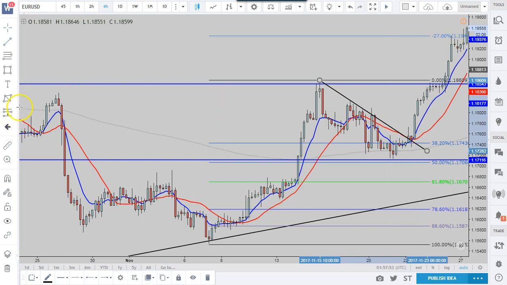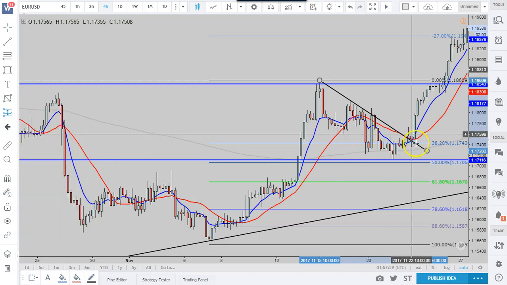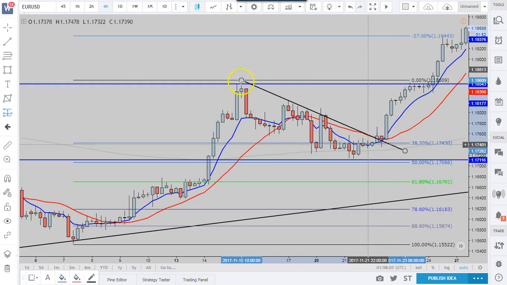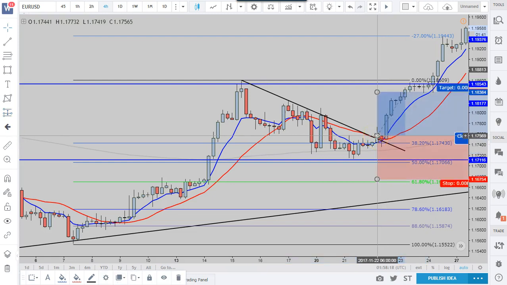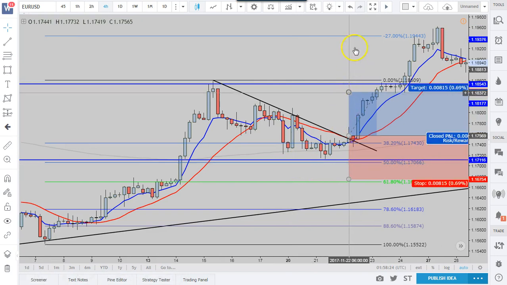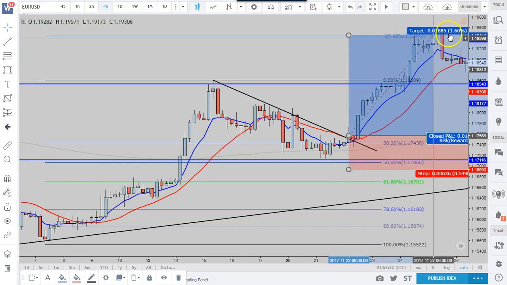Then our entry point would have been, you can see we had a candle closure above the 8 exponential moving average, and even a moving average crossover to the upside. So our entry point would have been somewhere here, target here, and our stop loss somewhere here.